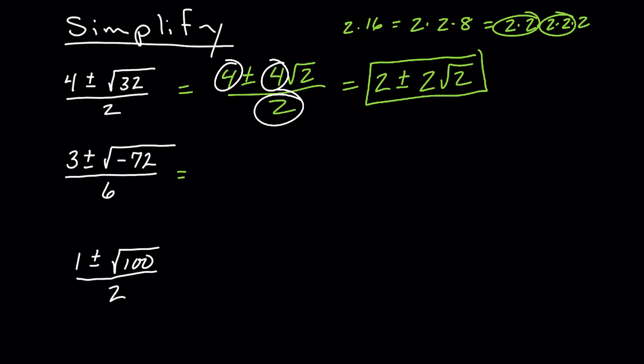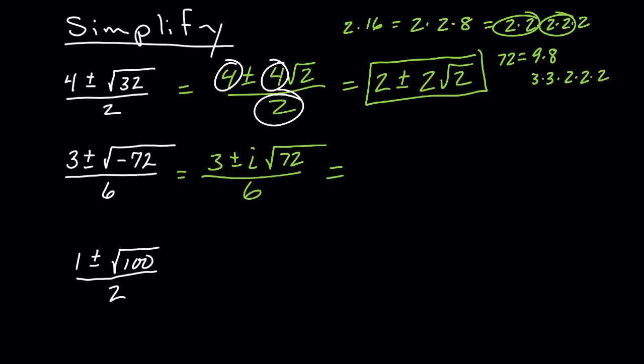All right, now the next one, if you just want to move the negative out, that becomes an i, because the square root of negative 1. And then simplify from there. Well, 72 is 9 times 8. Well, that's 3 times 3, and then 3 2's multiplied together. So you got a pair of 3's and a pair of 2's that will come out as a 6.